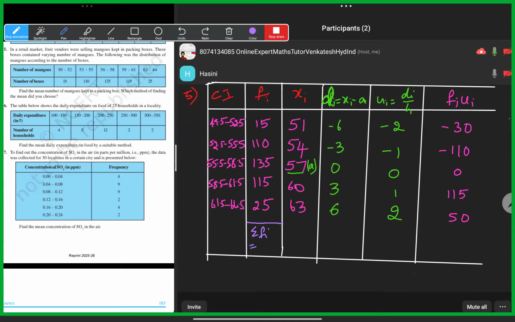If you add all this, 115 plus 25 is 140. 140 plus 135 is 275. 275 plus 10 is 285. 285 plus 100 is 385, 390, 400. I am getting 400 here.